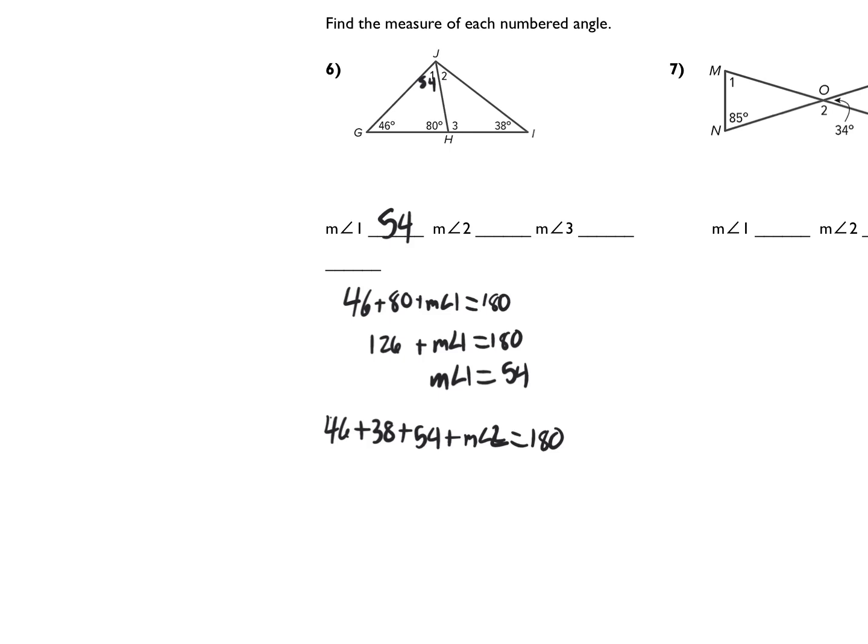So we do 46 plus 38 plus 54, that is 138. So 180 minus 138 is 42.